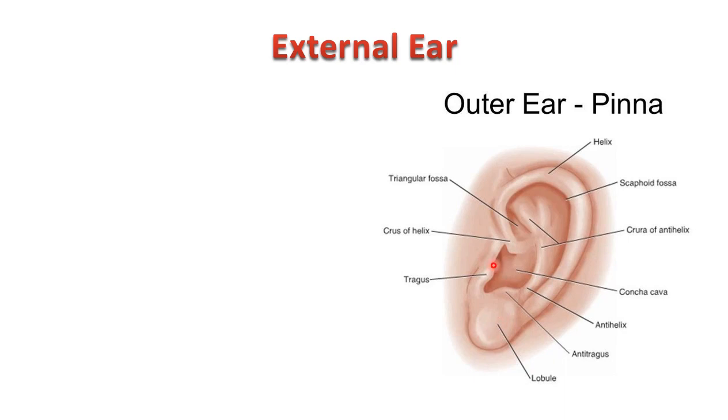Now first, coming to the external ear, you are able to see this has got two parts. One is the auricle or the pinna, and then you have a short canal which is called the external auditory meatus.